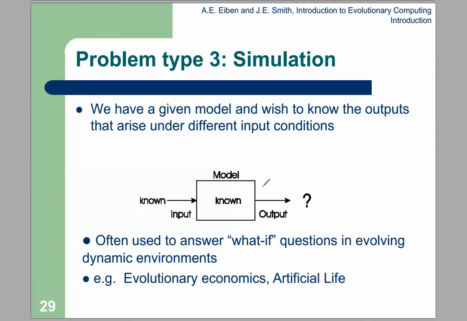The last one is simulation. Simulation is the problem where we know the input and the model, and we want to find the output. It is named simulation, such as some simulator. For example, we make an airplane simulation or simulator. The input is, for example, the speed of wind, the humidity, the temperature, the gravity, and other specifications of weather.